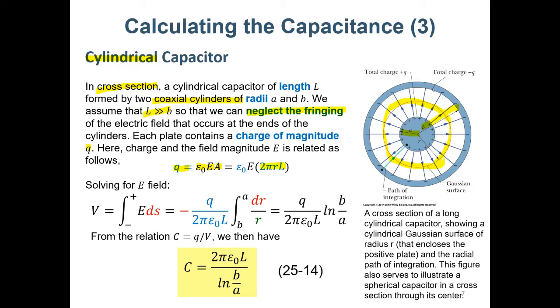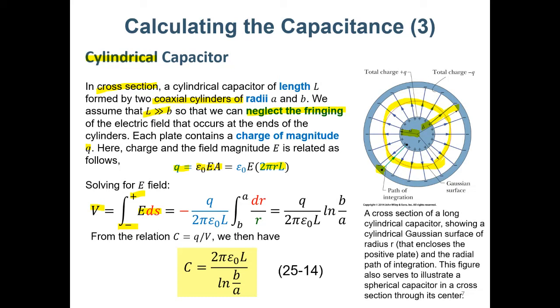And we consider V as the integration of E dot ds from the negative plate to the positive plate. The negative plate is here and the positive plate is here, so you integrate from this side to that side.